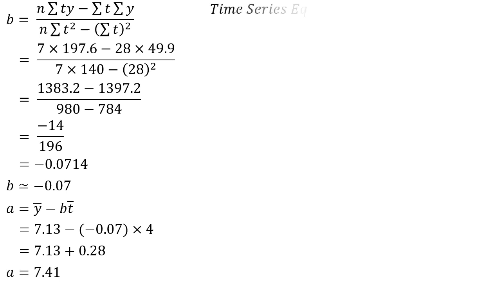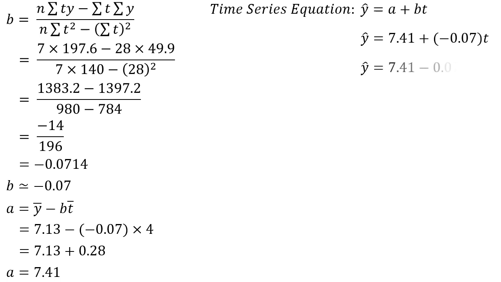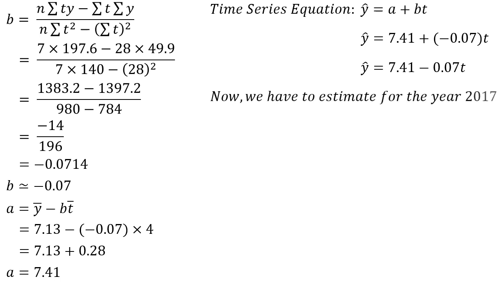We will put the values of a and b into our time series equation, that is Y cap is equal to a plus bT, putting the value 7.41 plus negative 0.07 T, so plus minus becomes minus. Now we have to estimate for the year 2017.